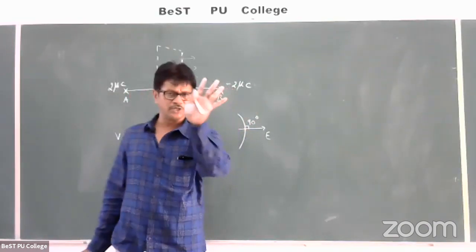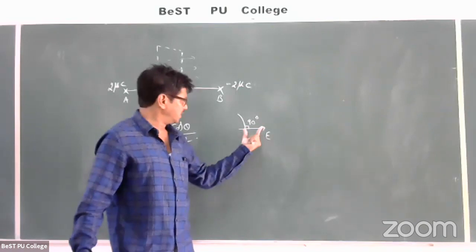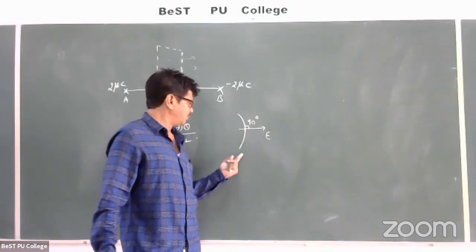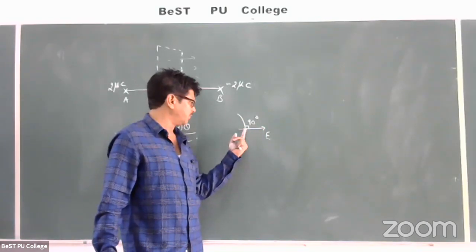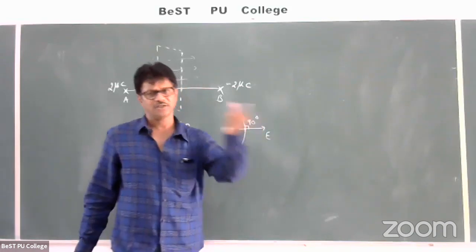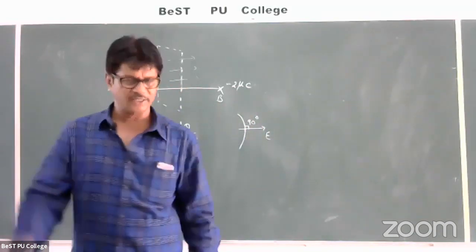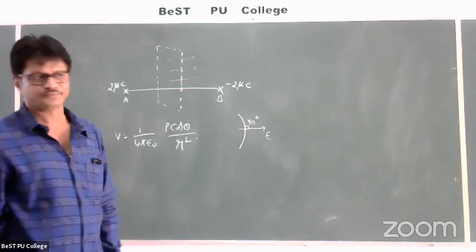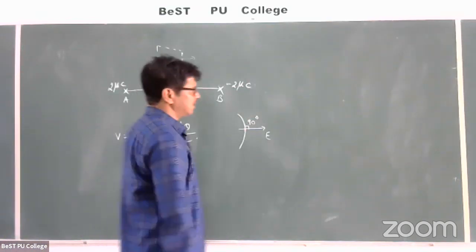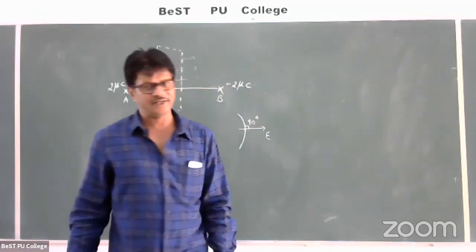So here also, if it is an equipotential surface, the angle between the equipotential surface and electric field is 90°. That is the second one what is asked. So for the second one, the answer is 90°.